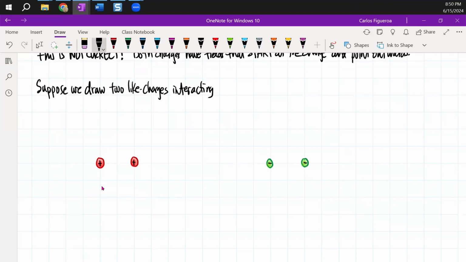When I use superposition here and look at the field lines, it looks like they are pushing off on each other. Right? And then they start to move away, something like this.